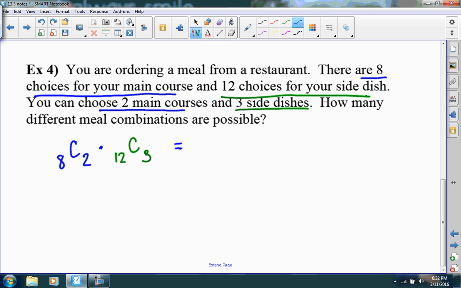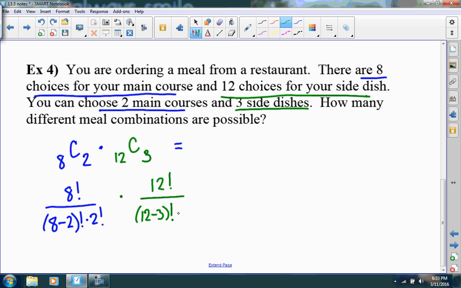So this is where we would want to do this into our calculator, probably. Otherwise, we would have to do 8 factorial over 8 minus 2 factorial times 2 factorial. And then the other one will be 12 factorial over 12 minus 3 factorial times 3 factorial.